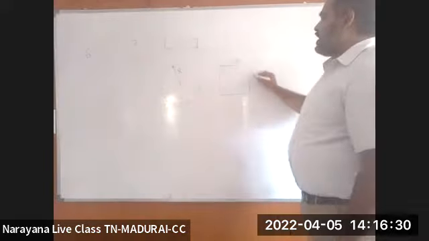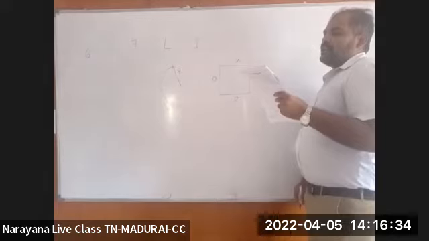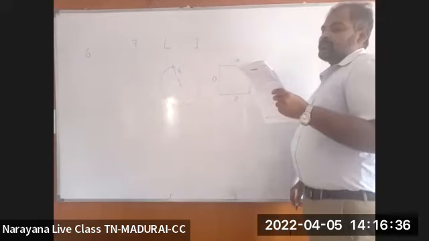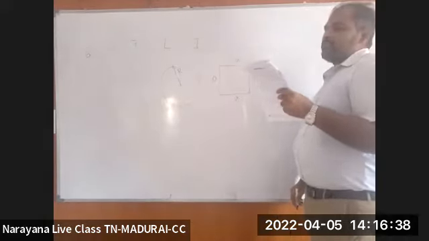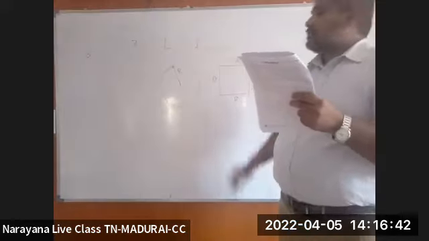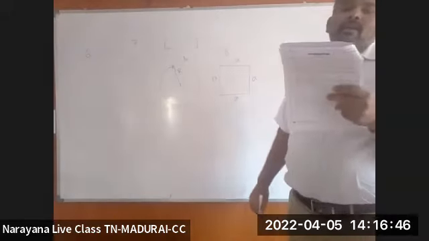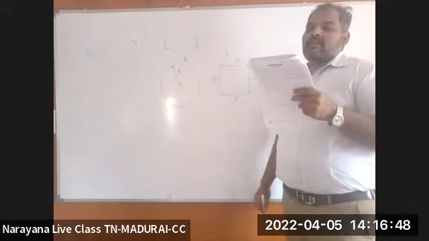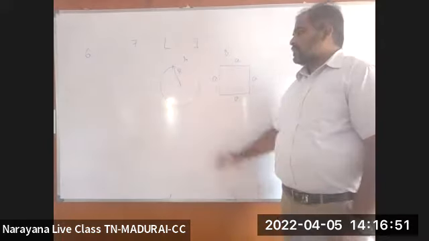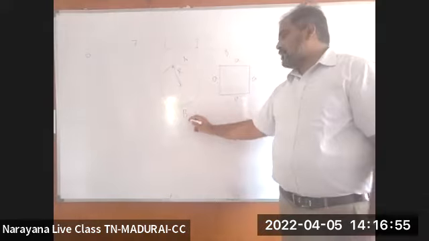This is the length A, and this is also length A. Each of A meter. The magnetic field of wire A and the magnetic field of wire B are at the centers of the circle and square respectively. You people tell me what is the ratio of BA by BB?